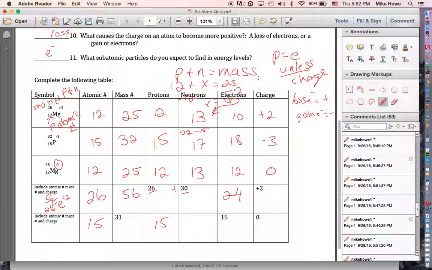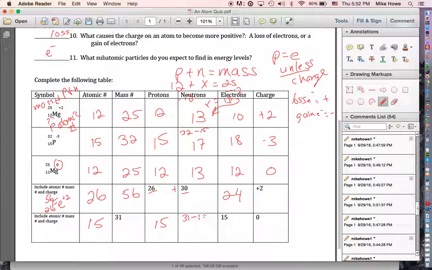Remember up here, mass minus the protons gave us the neutrons. So 31 minus 15 is going to give us 16 neutrons. The element that has atomic number 15 is phosphorus. So that's going to be 15, mass is 31, and the charge is 0.